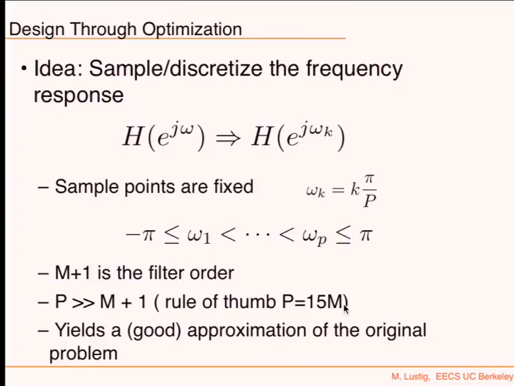The actual frequency response of a constant finite signal, like a rect, we know that it oscillates more. So what we're going to do is evaluate the frequency response at way finer sampling than the order of the filter, in the hope that it doesn't oscillate so much between the points that we're evaluating. Okay, so it will give us a really good approximation of the original problem, which is minimizing the square error of the continuous case. So we're oversampling the frequency response when we evaluate these penalties.